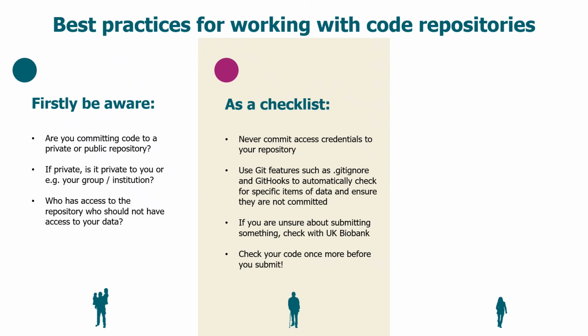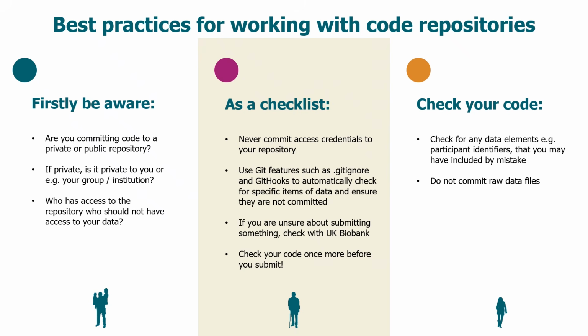As a final reminder, please do check your code for any data that you may have included by mistake, such as participant identifiers, like our encoded IDs, and never commit any raw data files. To help you further in implementing these best practices, we've broken down the items you need to consider at each stage of your project.